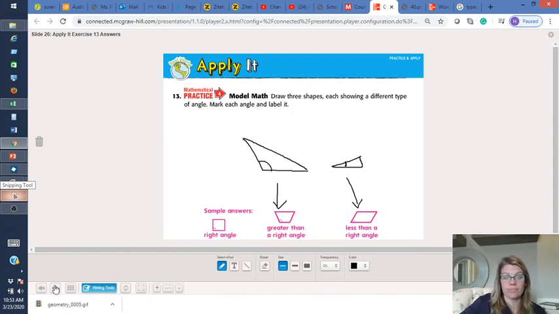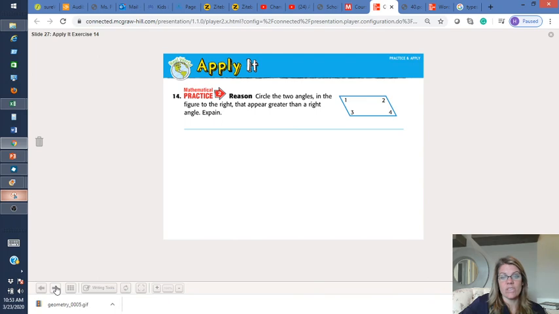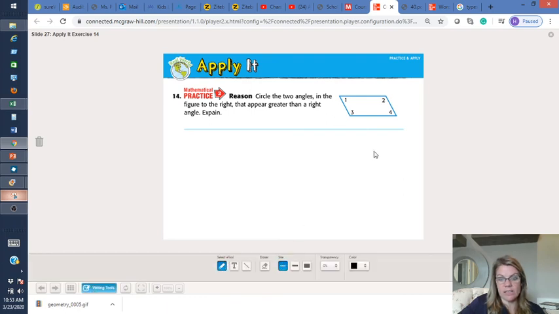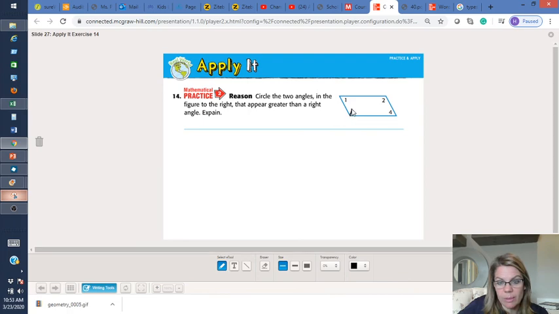Okay, circle the 2 angles in the figure to the right that appear greater than a right angle. Okay. Which 2? Go ahead and try that. Well, you can tell that this one and this one are smaller. And this one, if I was going to say this was a perfect right angle and it was flat on this side, it would have to come up perfectly straight right there.